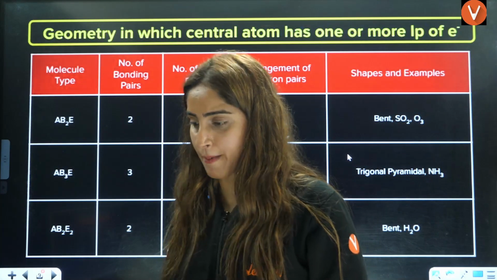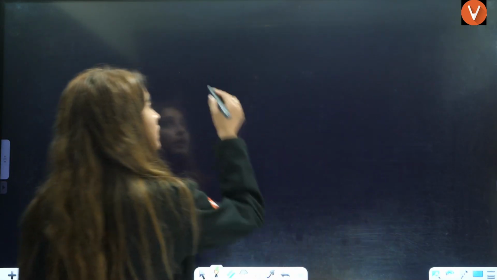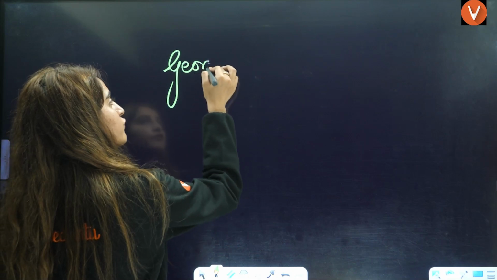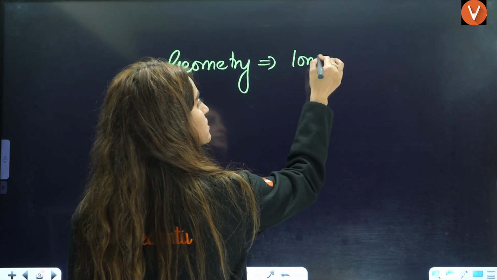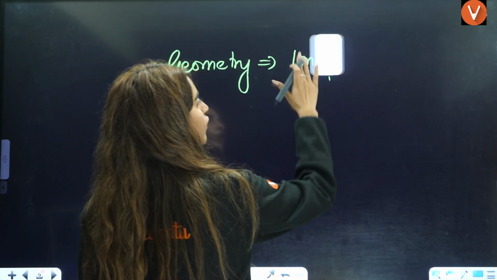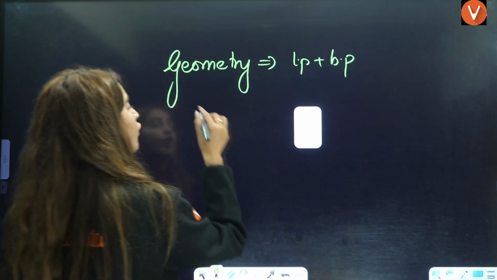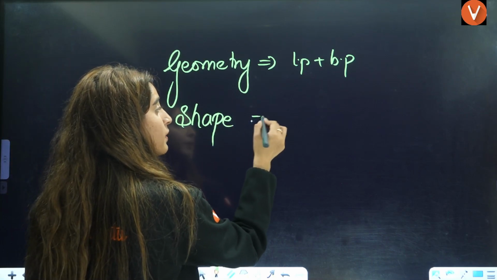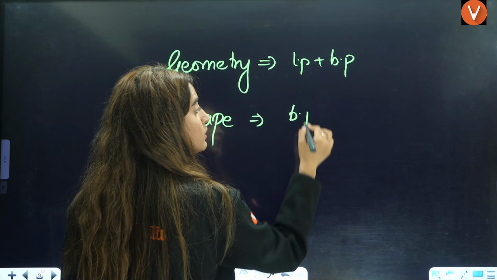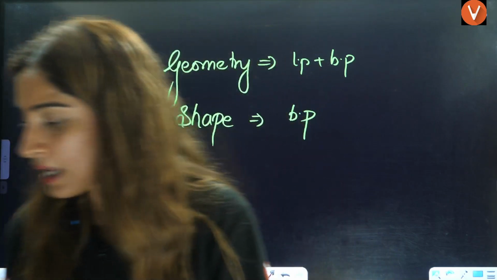Always remember one thing: whenever we are talking about geometry, we are talking about lone pairs plus bond pairs, or LP plus BP. But when we are talking about shape, we are only talking about the bond pairs. We are just ignoring the lone pairs here, right?